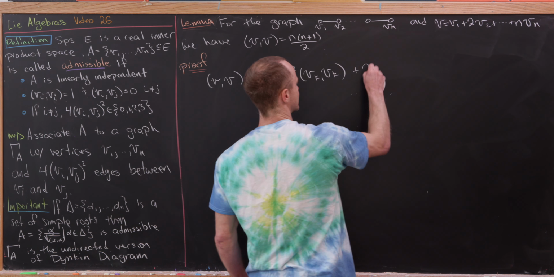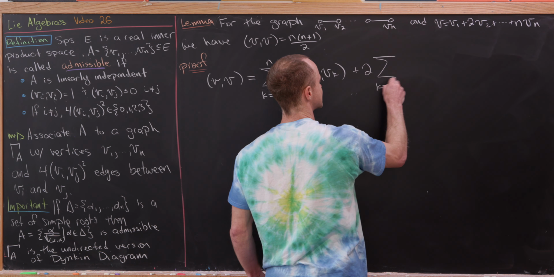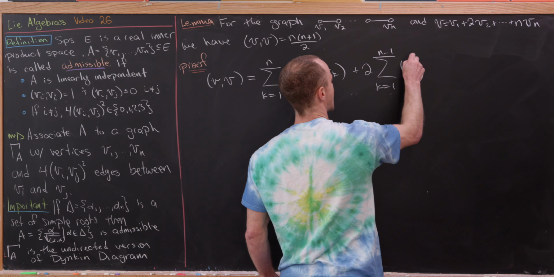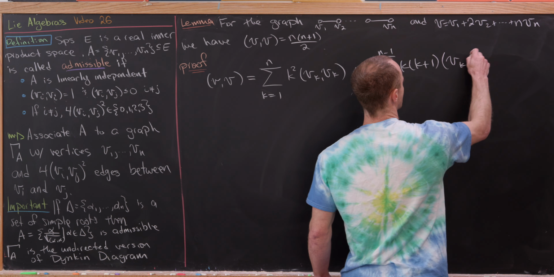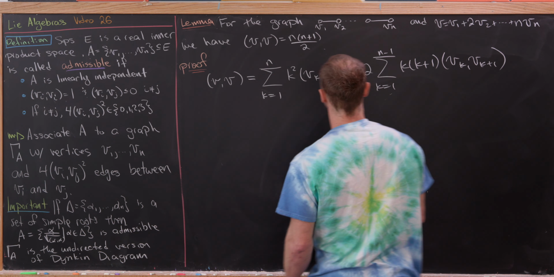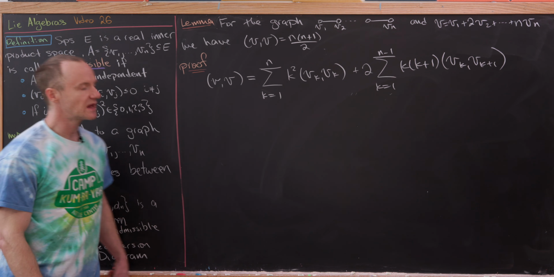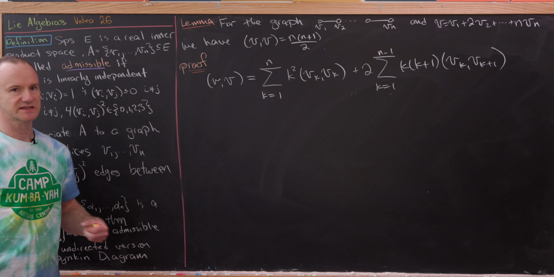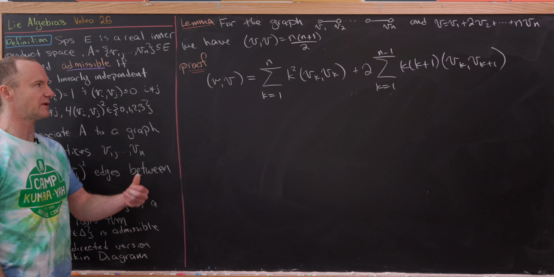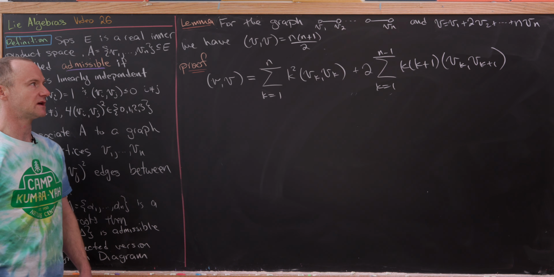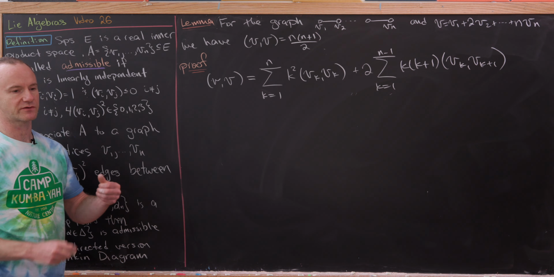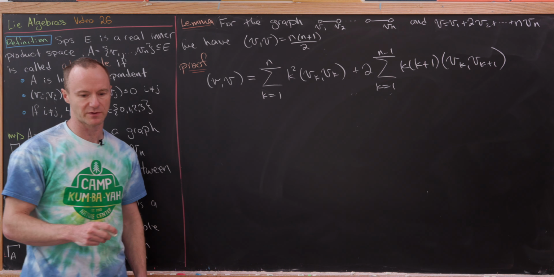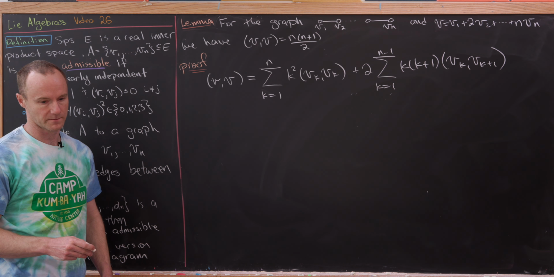And then we'll have plus 2 times the sum as k goes from 1 to n minus 1 of k times k plus 1, and then the inner product of vk with vk plus 1. And again, we're doing the same kind of thing that we did before, keeping in mind that only v1 and v2 are connected, v2 is connected to v1 and v3, and so on and so forth, the same way that we simplified the sum before.